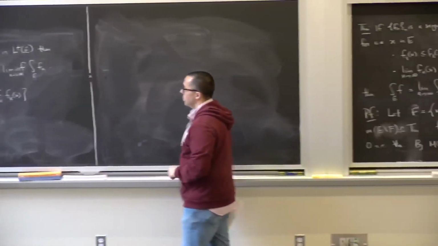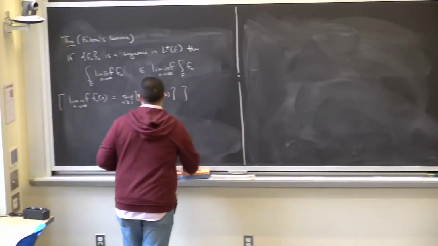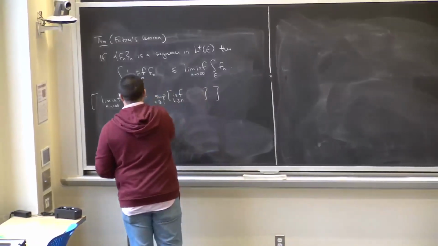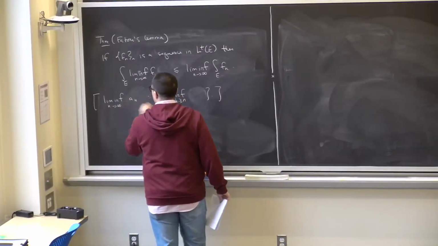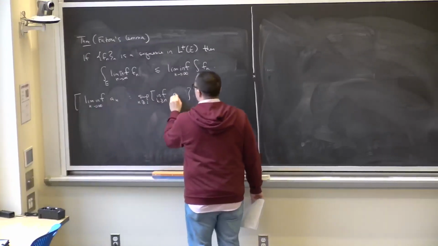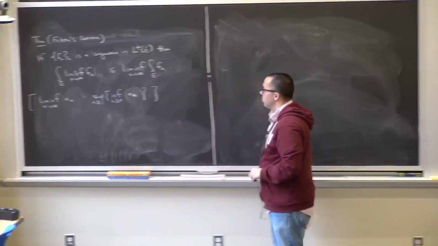Okay? So that is the definition of the lim inf. If you like, let me not just be specific to f n of x, just for a sequence of real numbers, the lim inf of a sub n is equal to this thing on the right-hand side. Okay?